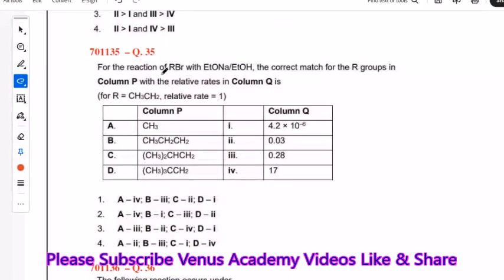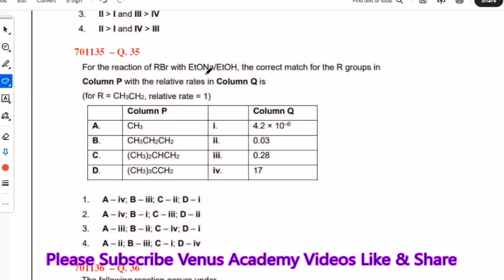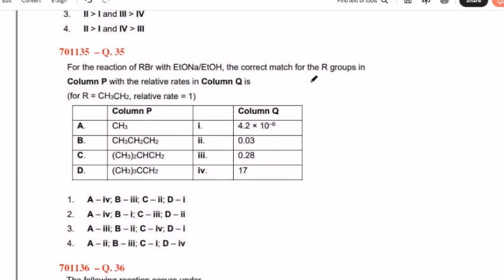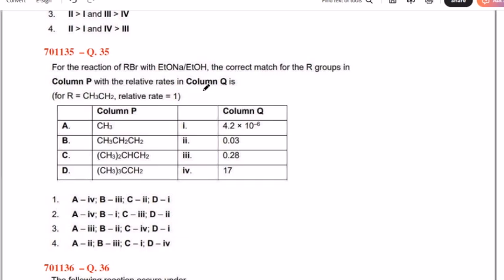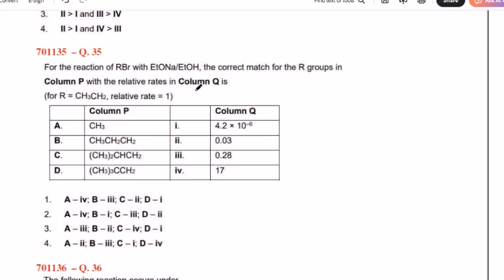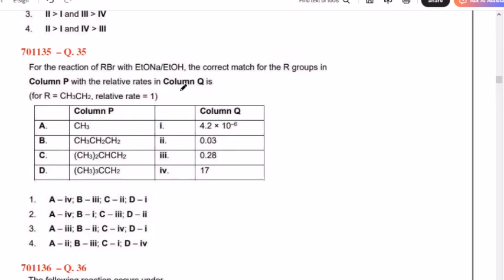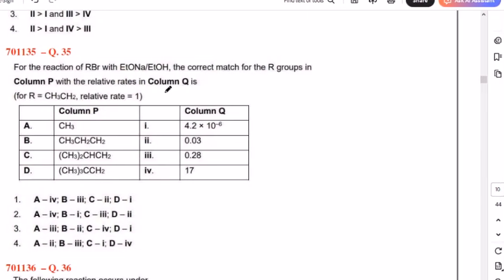Next, for the reaction of alkyl halide with sodium ethoxide in ethanol, the correct match for the R groups in column P with the relative rates of column Q is: for R equal to ethyl, the relative rate is 1. Then what could be the correct match of these reactions? Let us see the options.